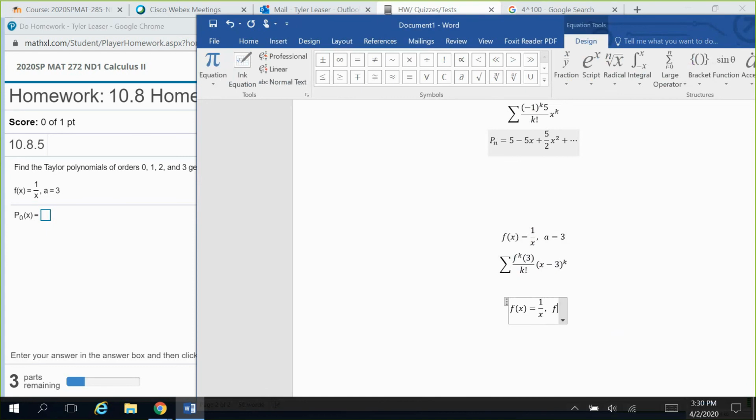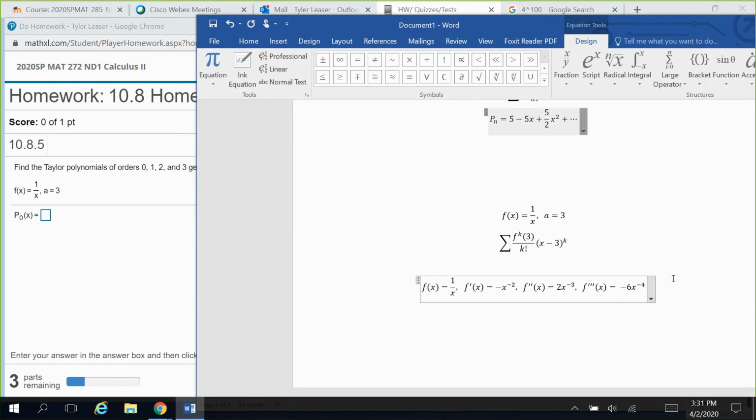The first derivative is negative x to the negative 2. The second derivative is positive 2x to the negative 3. One more time: negative 6x to the negative 4.